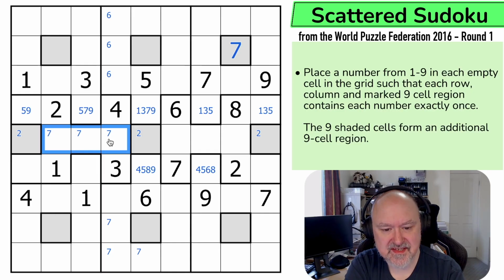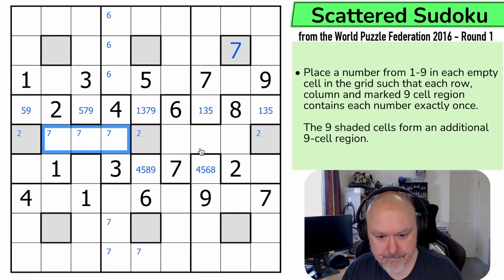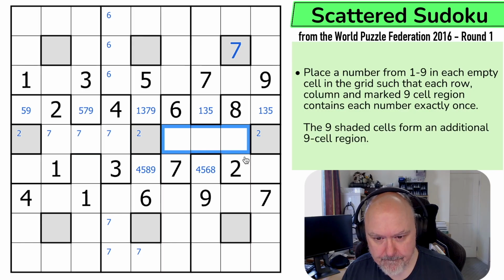I've no idea. I'm staring at this grid like, just because you can set a puzzle like this, does it mean that you should?